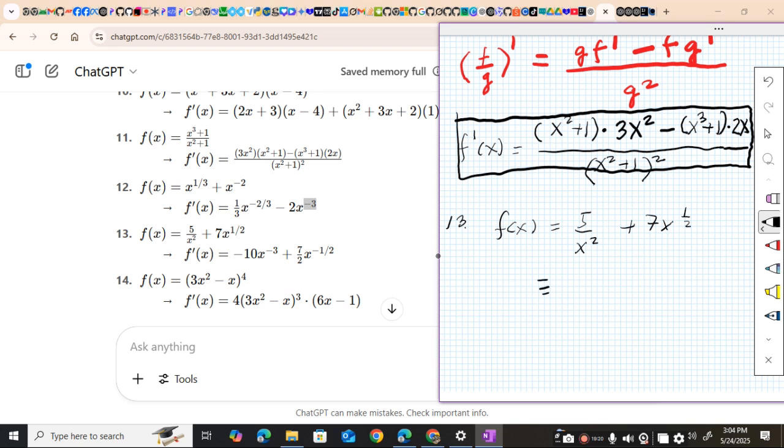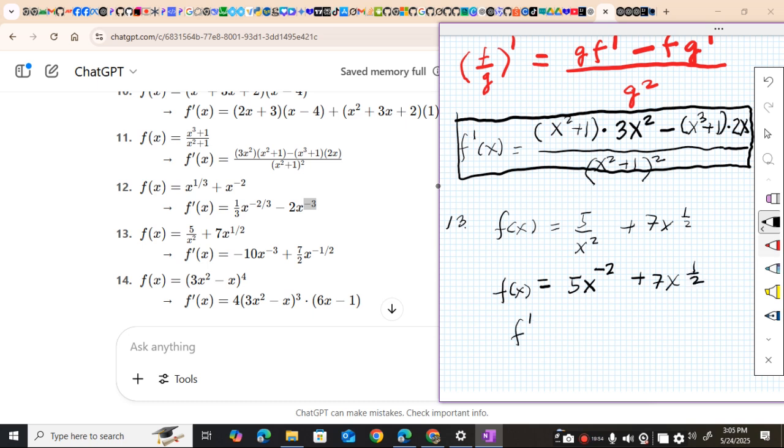Now effectively you can recognize that we can write it as 5x raised to negative 2, so that it is more accessible for us now to use the power rule.